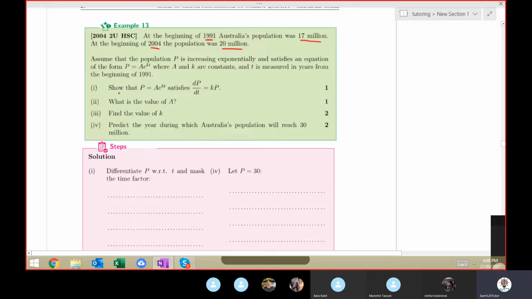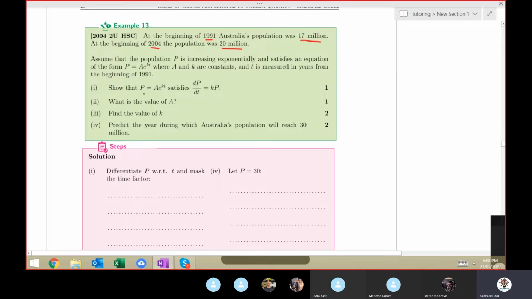Now, this first one, part i, in fact all of these questions for exponential growth and decay, give or take, are very, very similar. So i is usually this, ii is usually this, iii is usually this, and then iv is usually this. So you pretty much can assume what the question would be for these styles of rates of change questions, which is why it's the first one I'm starting with.